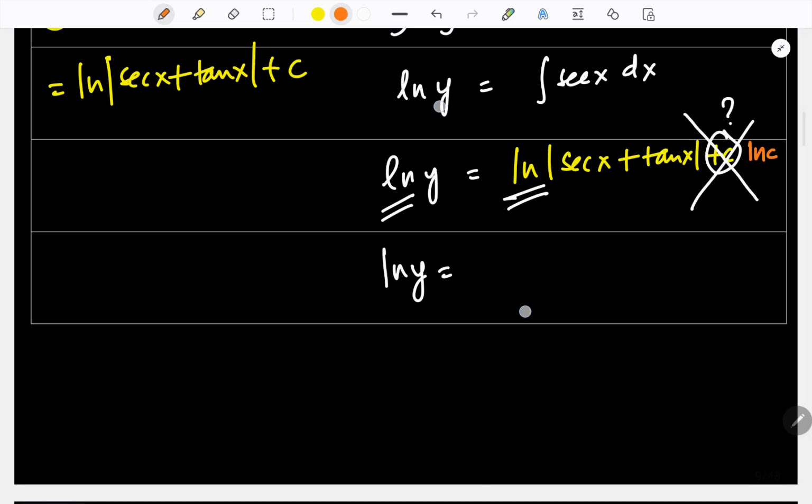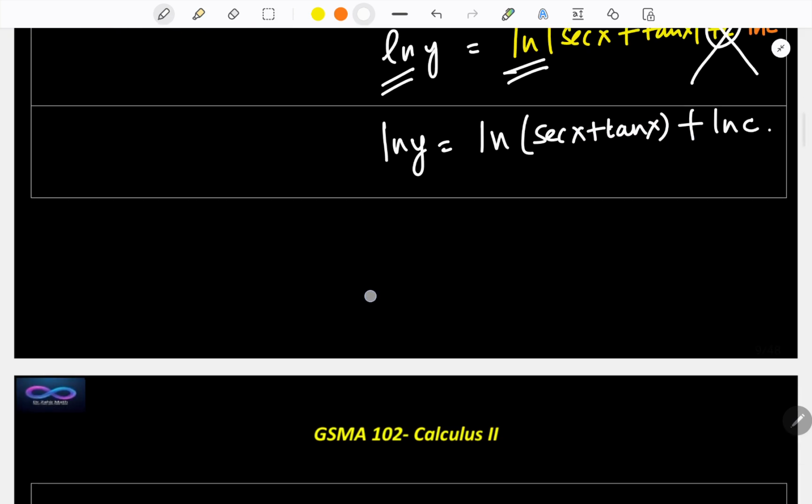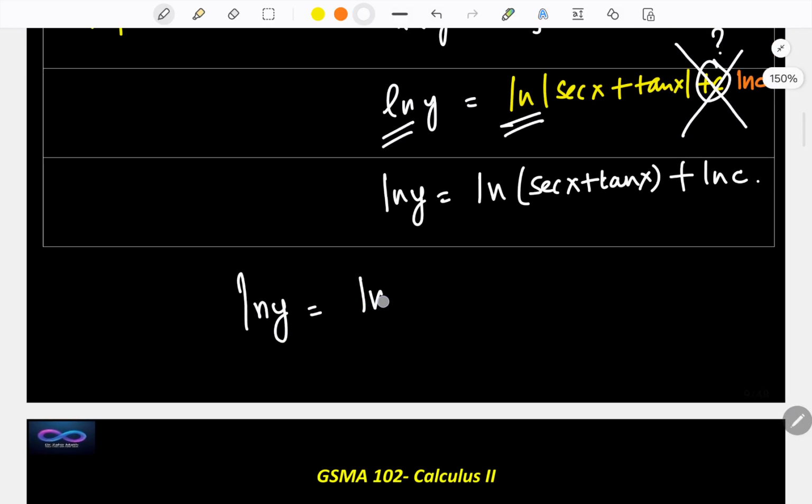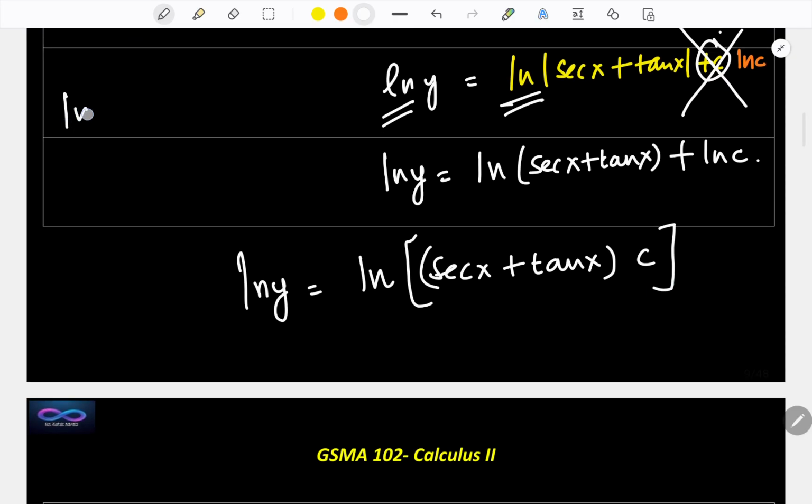So your constant should be ln c. So ln y is equal to ln absolute value of secant x plus tan x plus ln c. Using the logarithmic rule, I am writing this as ln of secant x plus tan x multiplied by c. How? ln 2 plus ln 3, you can write as ln of 2 multiplied by 3.